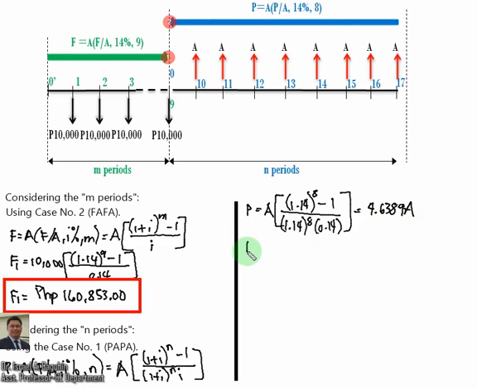So P is just equal now to 4.6389 as a function of your annuity.